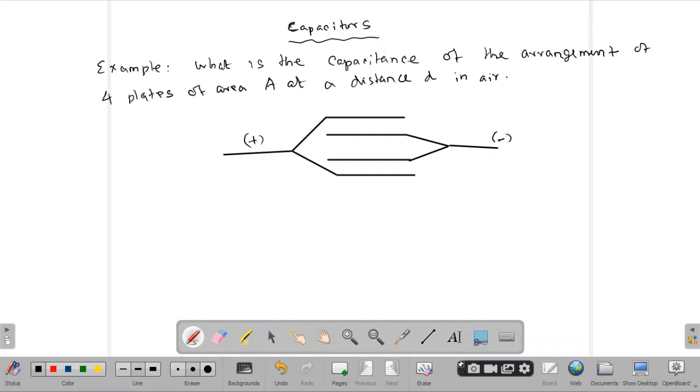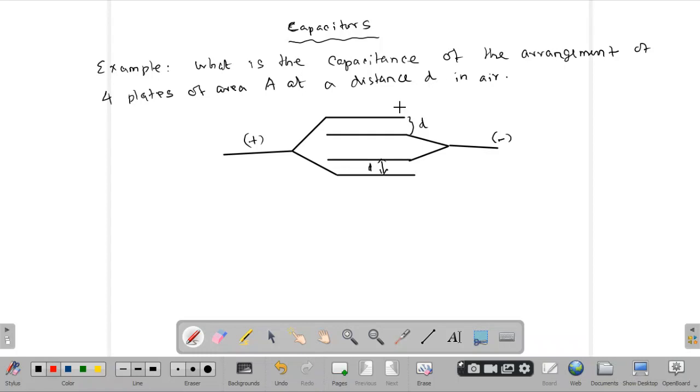Okay. The separation is D. What about this separation? D. This separation also D. Okay, this is a diagram. What is the capacitance of the arrangement of four plates of area A at a distance D in the air?